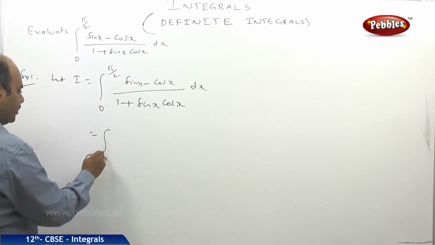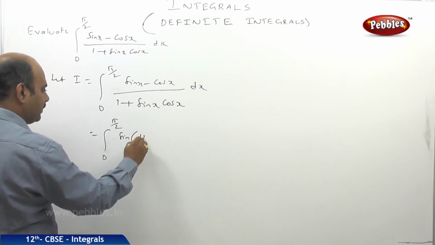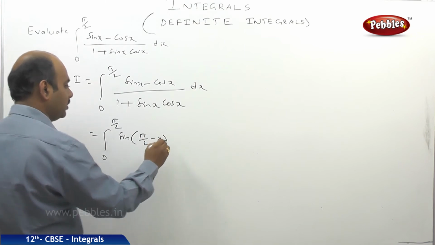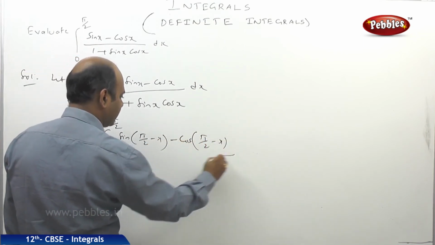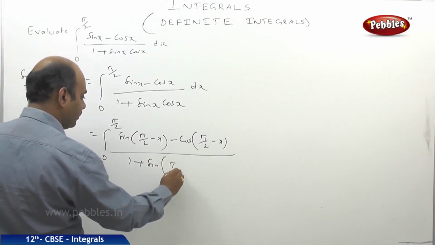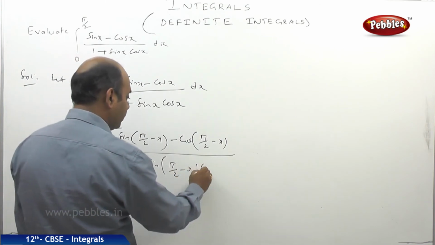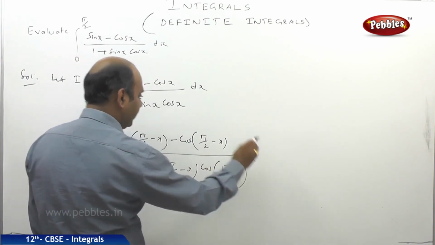So here what happens again? Integral from 0 to pi by 2. In place of x I will write pi by 2 minus x. Again, in place of x I write pi by 2 minus x, divided by 1 plus sine of pi by 2 minus x and cos of pi by 2 minus x dx.